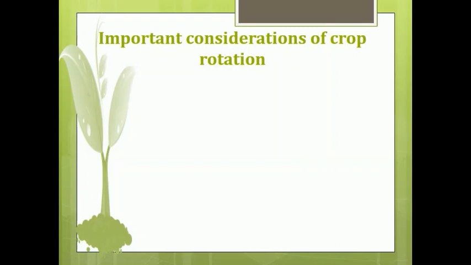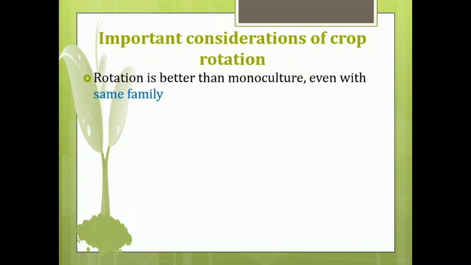Now let's look at what are the important considerations of crop rotation. Rotation is better than monoculture, even when plants of the same family are cultivated. In general, for the rotation, crops from different families are selected. The most efficient rotations are those that include legumes.